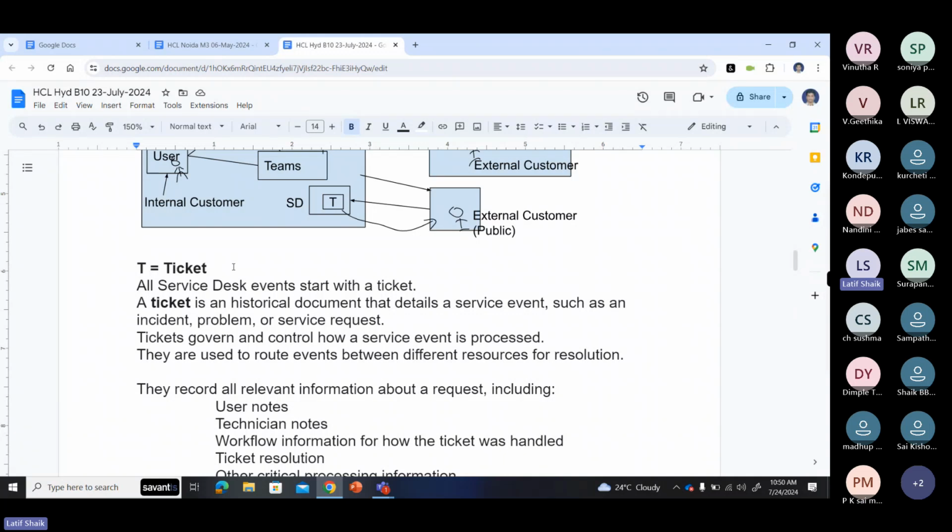And also what the customer requirement is: if he has an issue, or sent a request related to access permission, or configuration, or information. It will be in the ticket only.